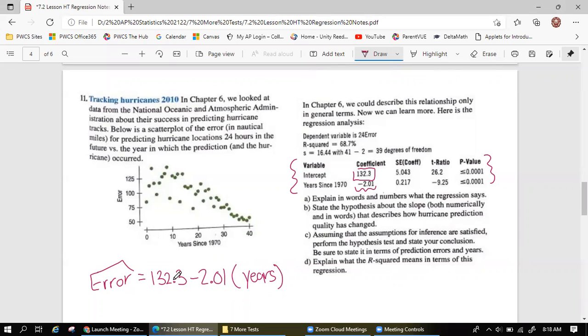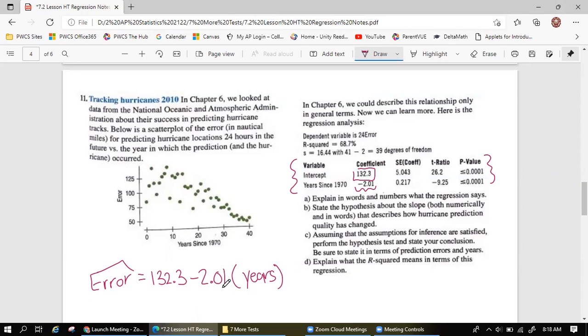What the intercept means is in 1970, we were 132.3 nautical miles off of our hurricane prediction. So pretty far off on our hurricane prediction location here. Our slope tells us for every year past 1970 that we add, our error will be less by about 2 nautical miles away from where the hurricane location will actually be.